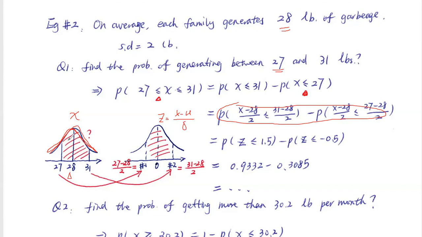The question is asking for the probability in the middle, everybody. So we just need to find the corresponding data points. For example, 27 is mapped to some point here. Similarly, 31 maps to some data point here. Because 27 is below the average, the corresponding number should be below 0. You can think of that intuitively.